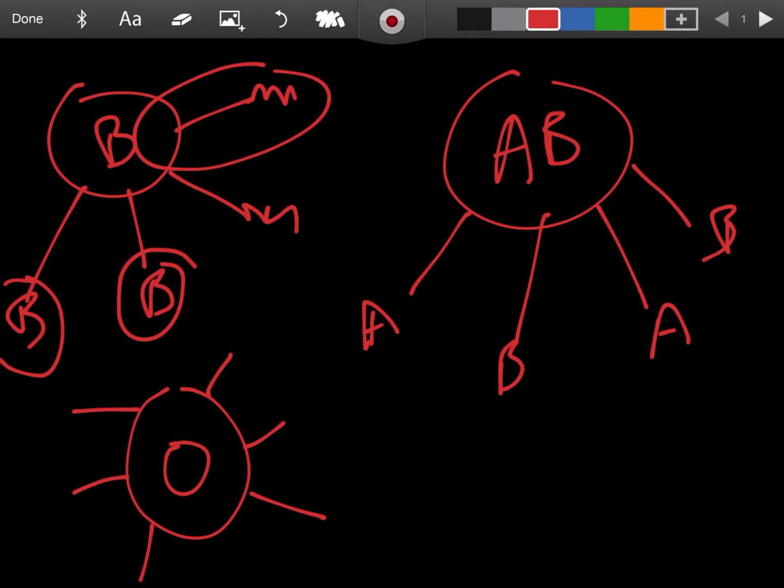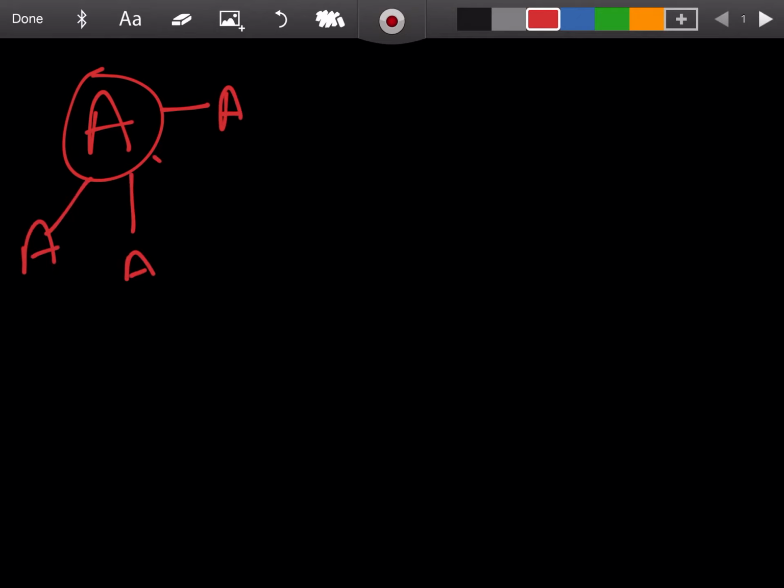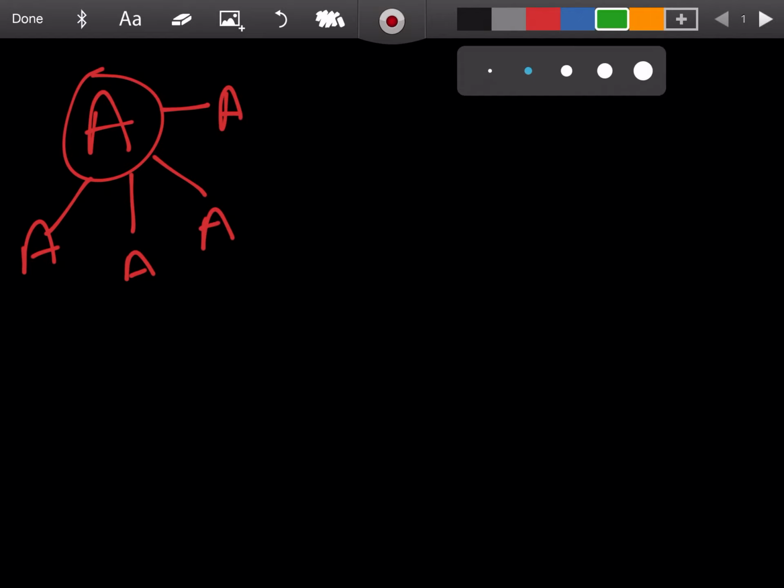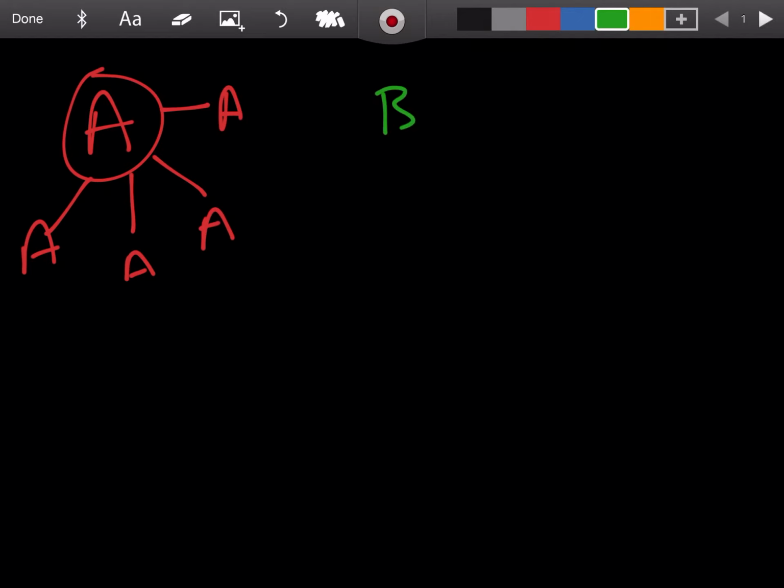There's no antigen on them. Okay, so why is that important? Well, if you're an A blood type, your plasma, if you recall, your fluid in your blood, has antibodies for the B type. Interesting, huh?